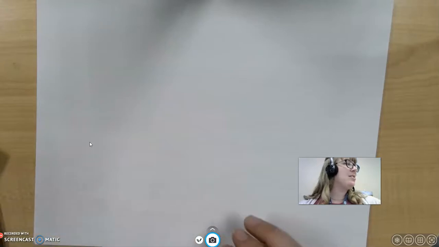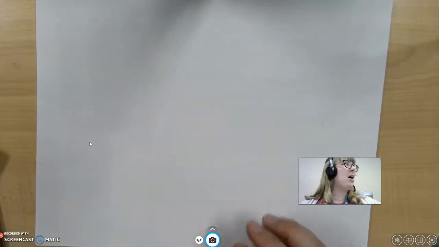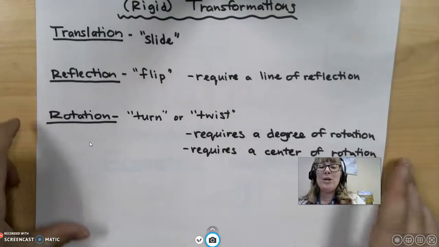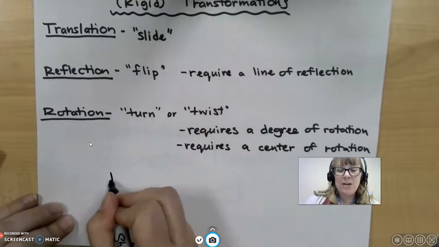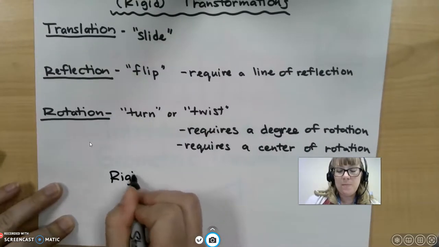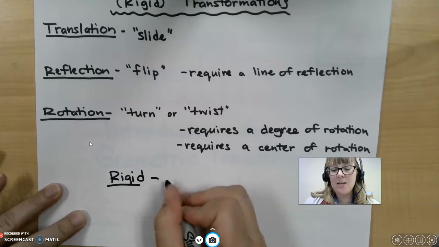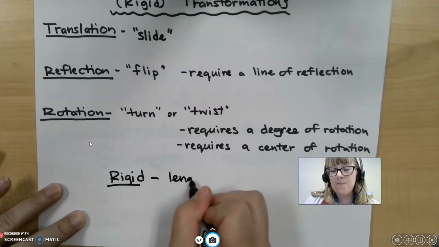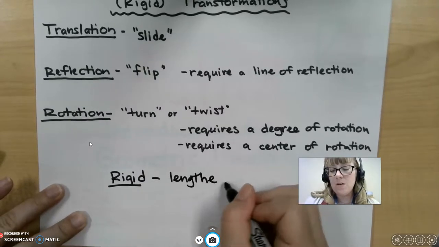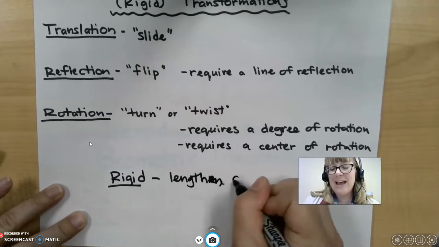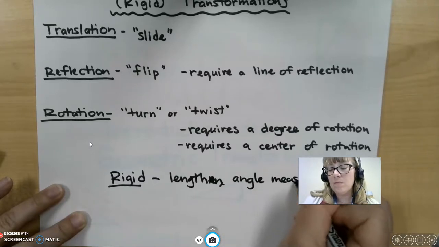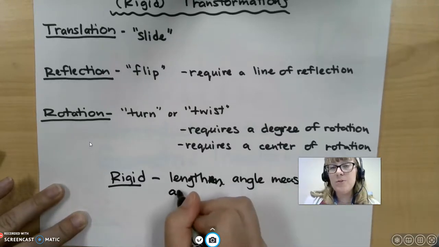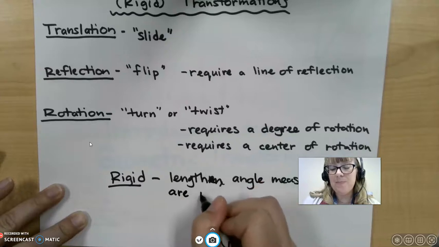So that gets us to, again, that main concept of rigid transformations. They're called rigid transformations because length and angle measure are preserved, which means that they just stay the same.